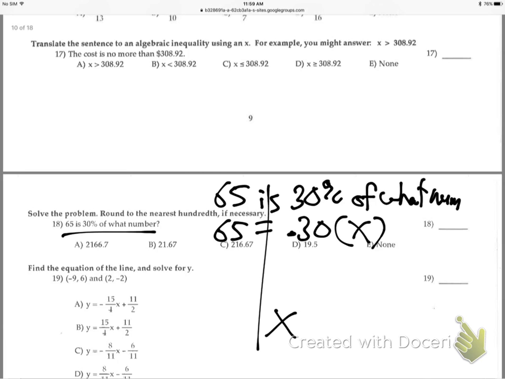X is saying I want to be alone, so that's always divide by 0.30. I can't do it. Somebody have an answer there? 216.6 forever, which is what, C? Yeah, it rounds. They rounded that last digit to 7. Are we good? Are you ready to take this thing? Questions? Last call for questions? All right.